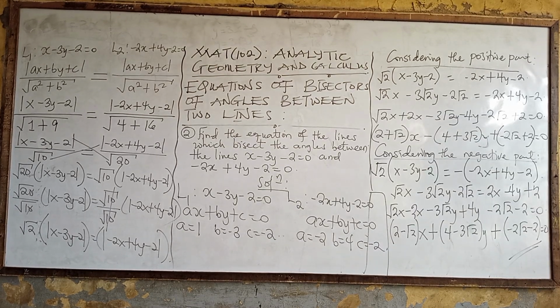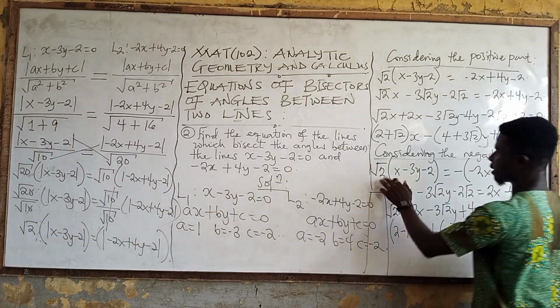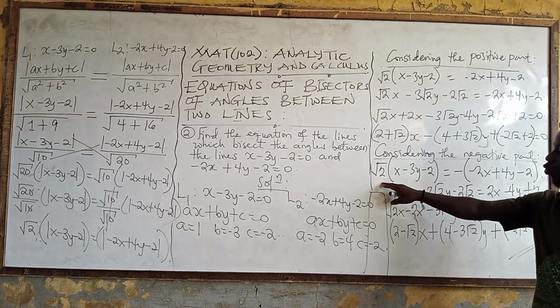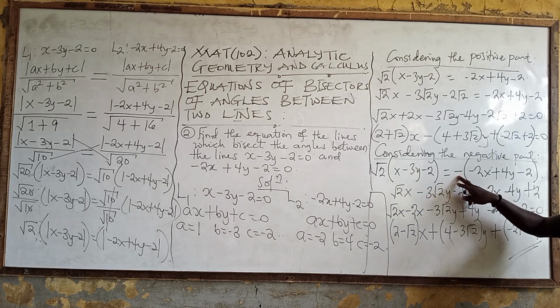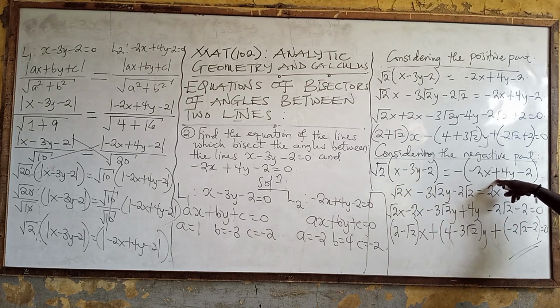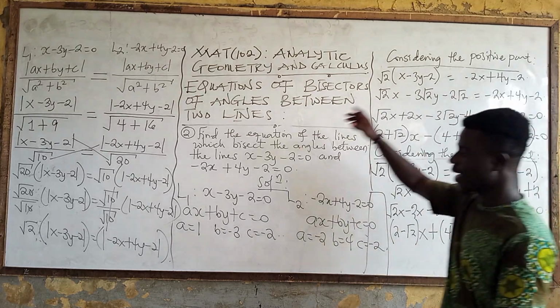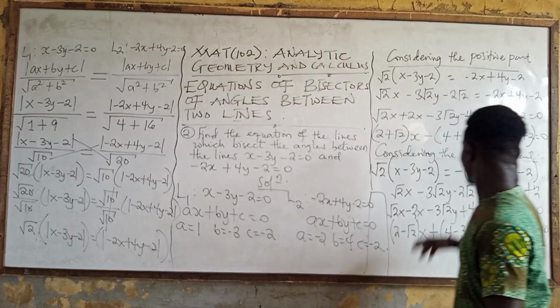So now, considering the negative part, we get root 2 multiplying x minus 3y minus 2 equals negative multiplying negative 2x plus 4y minus 2. So we take the same thing here, but we negate that.